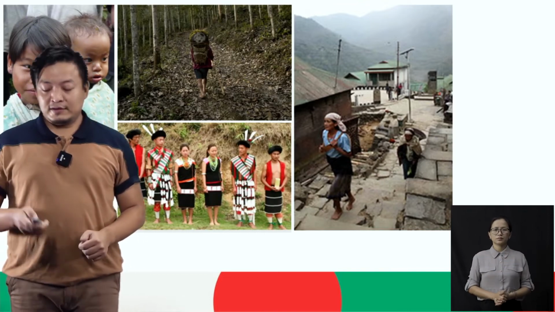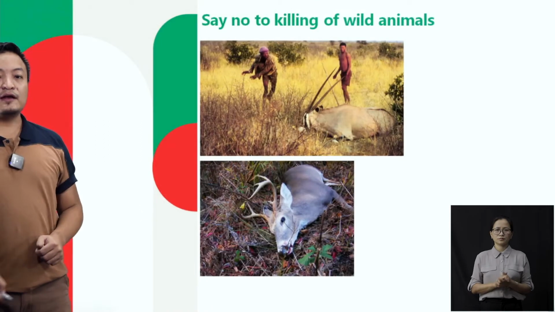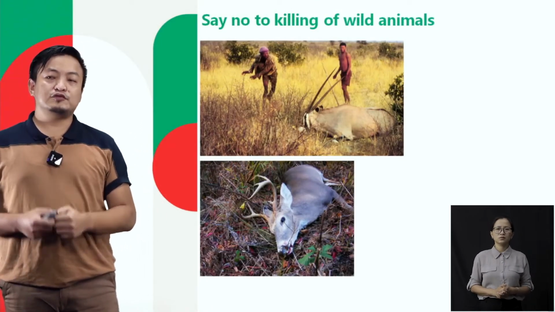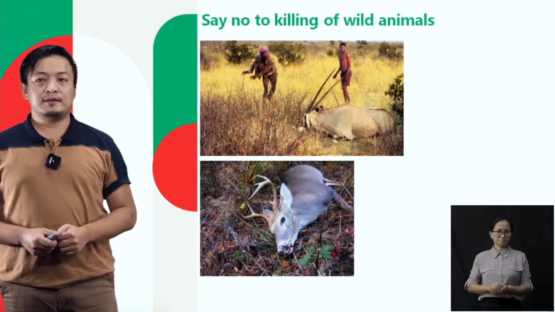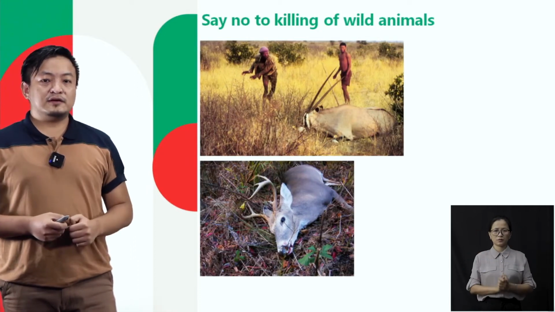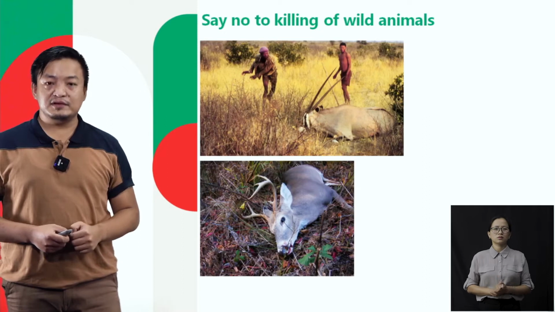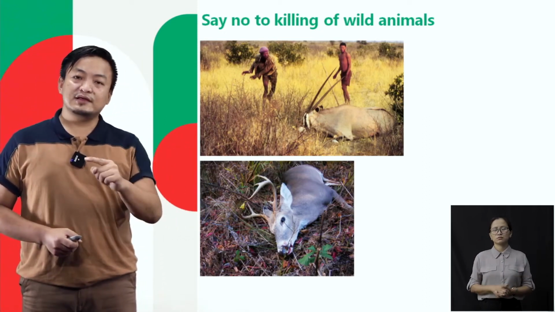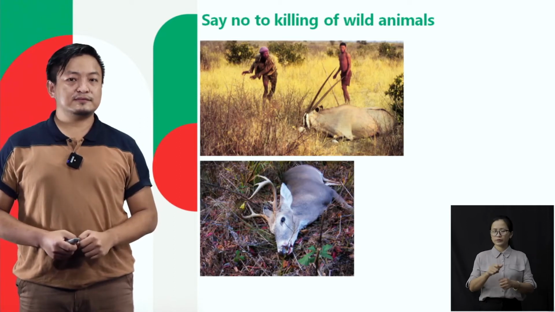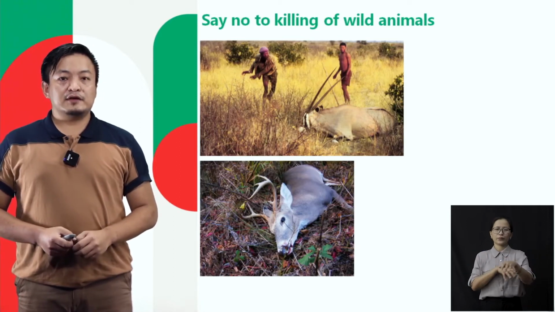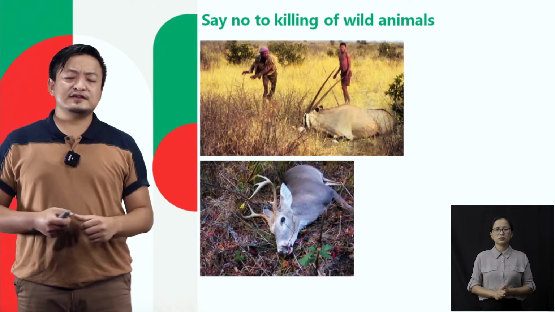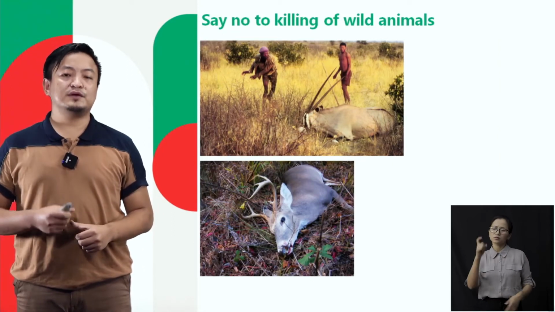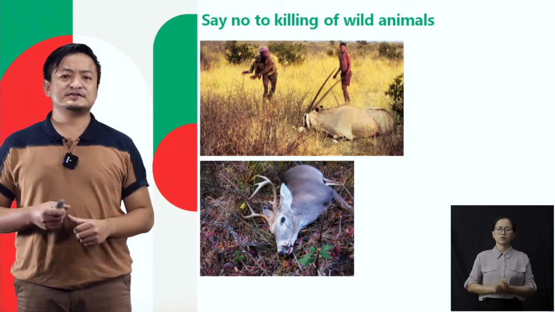Okay? So students, now, do you see this? What do you learn from this? Here, they are harming the animals, right students? So we should say no to killing of wild animals. Okay? Now, students, these animals are living things and they need to be protected, just like human beings.